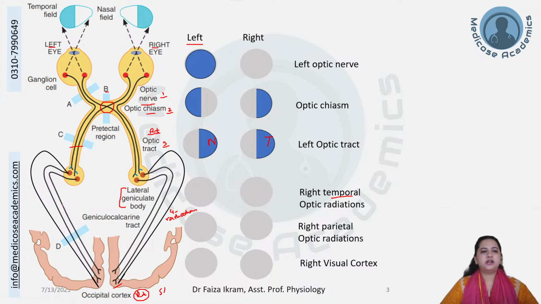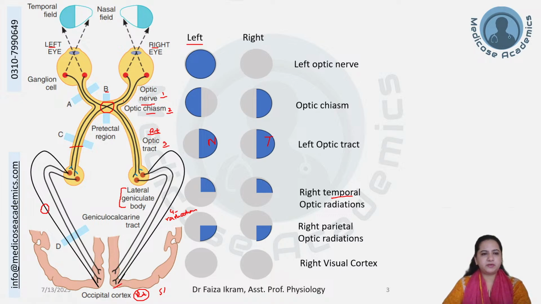Optic radiations are doing the same, but if we look at the superior and inferior quadrants separately, the fibers in the Meyer loop will be representing the upper field of vision, and those going through the parietal lobe will be representing the lower field of vision, and the contralateral half.